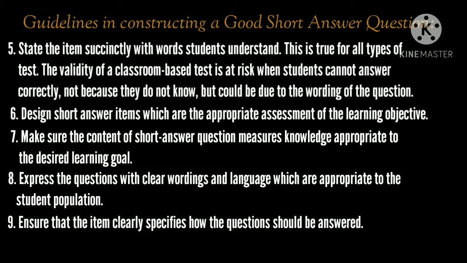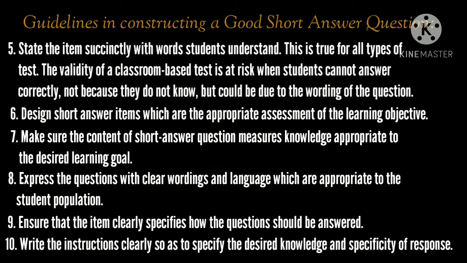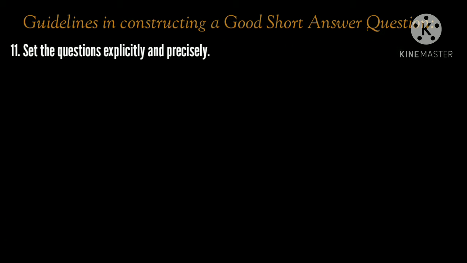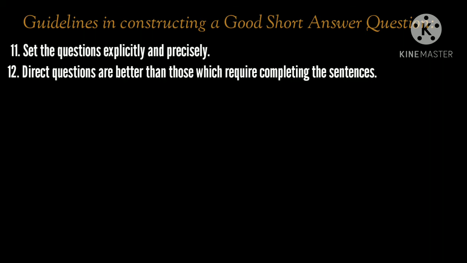Number 9, ensure that the item clearly specifies how the questions should be answered. Number 10, write the instructions clearly so as to specify the desired knowledge and specificity of response. Number 11, set the questions explicitly and precisely. Number 12, direct questions are better than those which require completing the sentence.